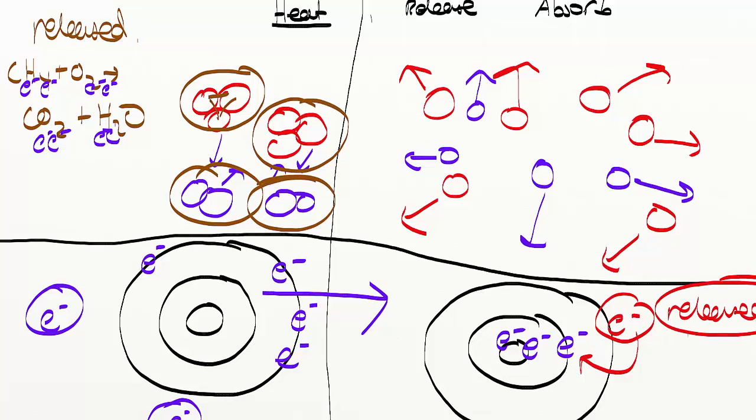So when it releases that energy as the electrons go from high energy to low energy, that would be released as heat.